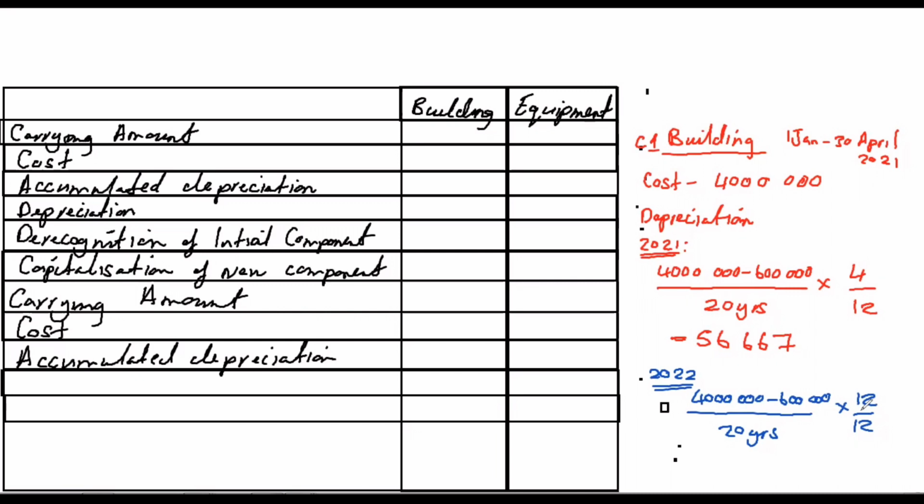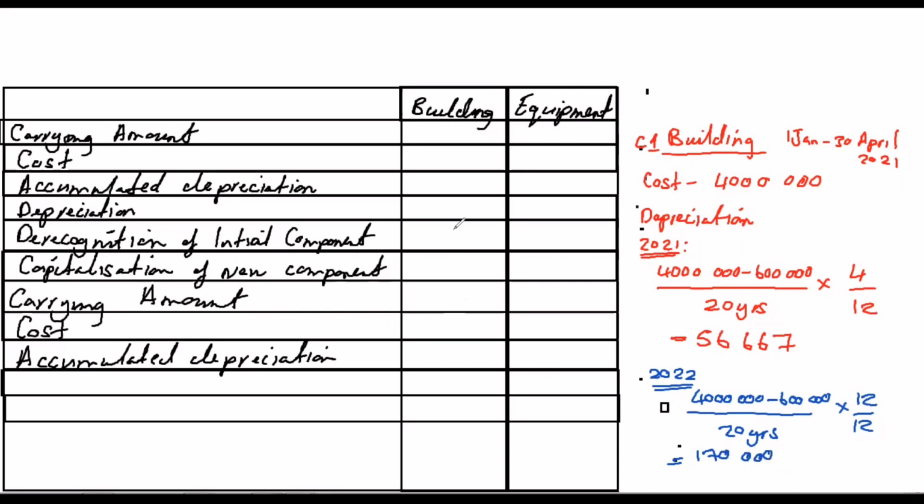For 2021, it was ready for use for 4 months, from 1 Jan to the end of the year. In 2022, it was there for the full year. That's why we're saying 12 over 12. How much do we get? Those that have calculated? 170,000. Thank you, Oluwatu.